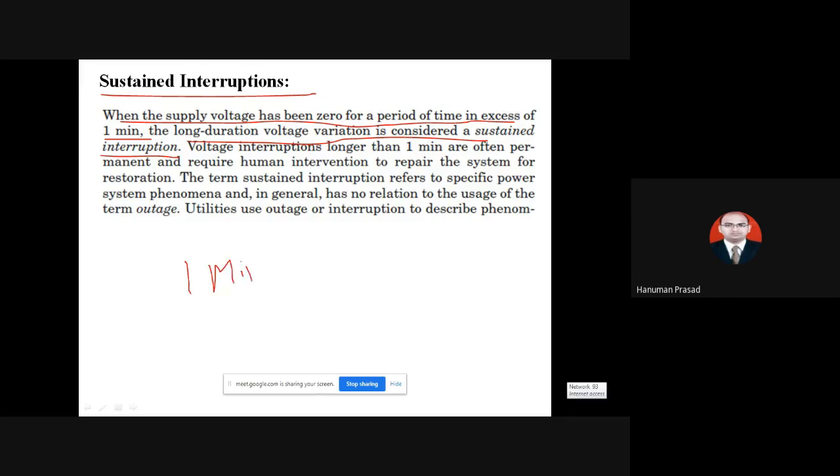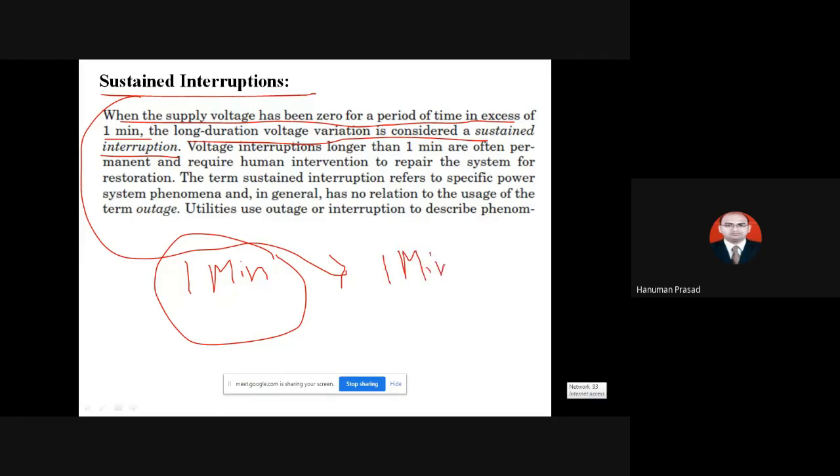As the name suggests, sustained means this is maintained. That is, interruption is always less than 1 minute, but sustained interruption is more than 1 minute. This is called the sustained interruption. Sustained interruption means due to the power system fault, equipment failures, or malfunctioning of the equipments.